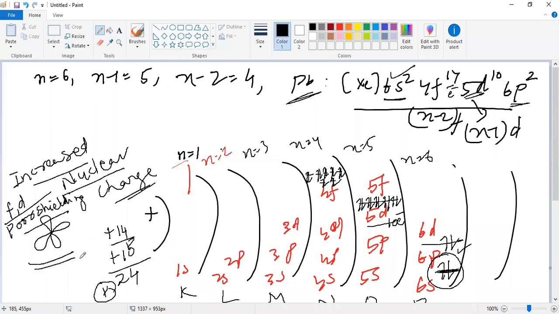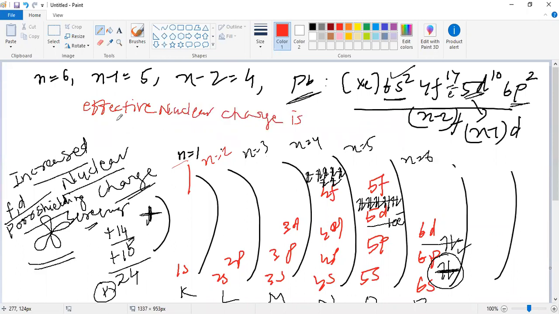Due to this poor shielding or poor screening by the f and d orbitals, the nuclear charge which has increased in the nucleus is poorly screened. Please remember, my dear students, that the effective nuclear charge is poorly screened.